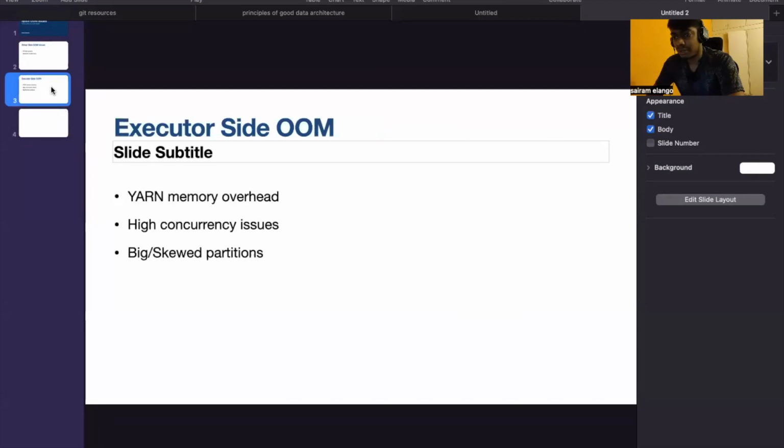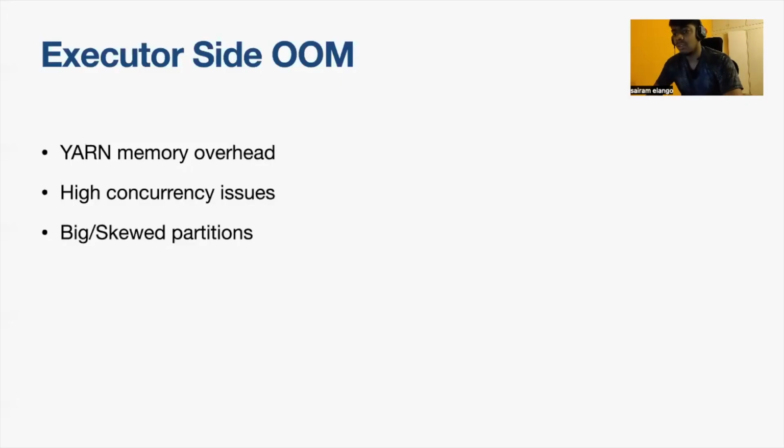Coming next to the executor side out of memory issues. The first one is YARN memory overhead. YARN, or your Spark cluster manager, manages all the resources in your executor when your driver initiates or submits a Spark application. What I mean by YARN memory overhead is that you will have memory for your executor operations and whatever metadata or objects you define in Spark.